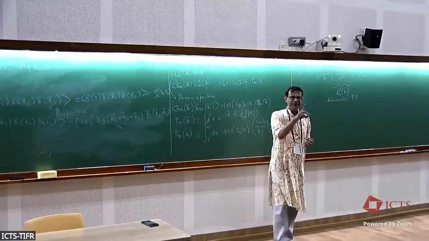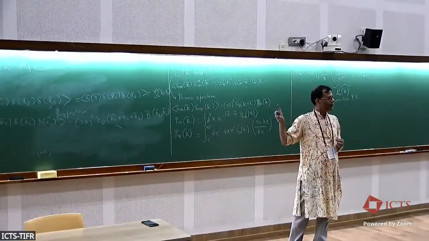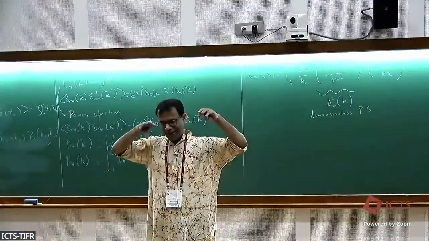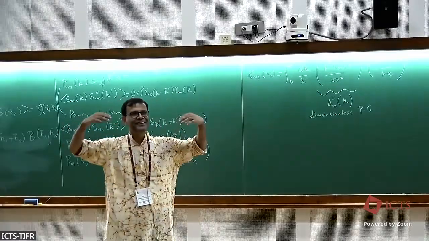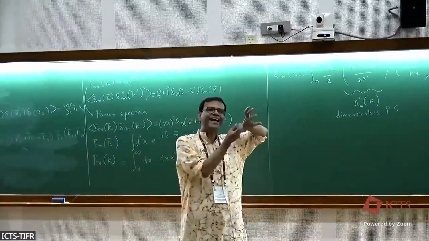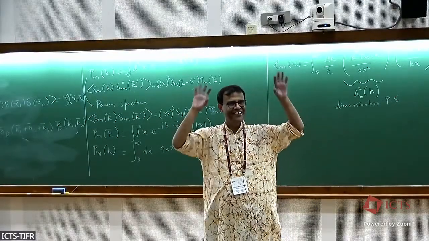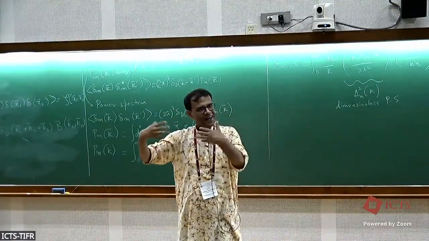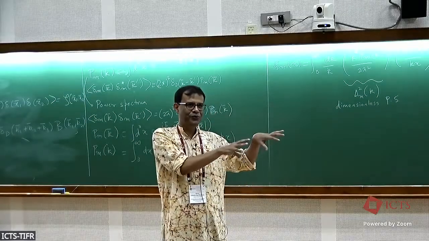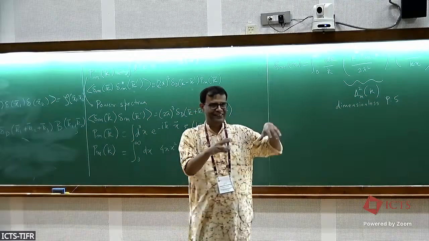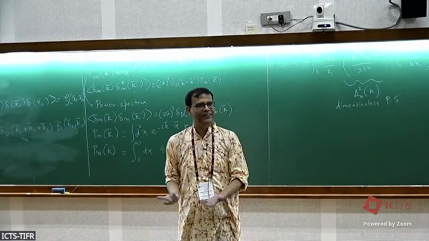Also, just to complete this, it will also depend on how strong the signal is in the higher point correlation function. Take an extreme case where the field is Gaussian. Then the higher order statistics will get related to the 2-point statistics, so there is no more information there.